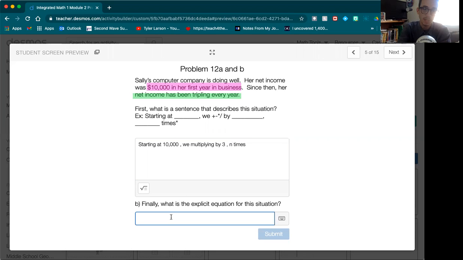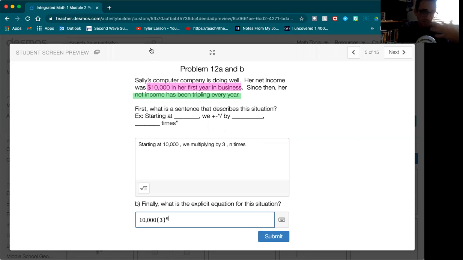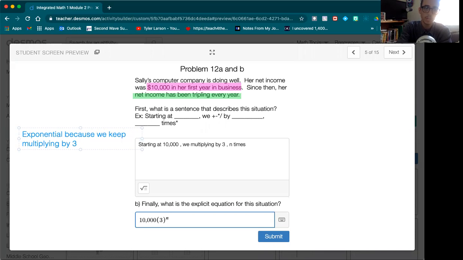Okay. So let's make that equation. So starting with 10,000, I'm multiplying with 3 n times. Hopefully we can agree that this is exponential because it's multiplying over and over. Maybe I'll make a note of that right here. So this is definitely exponential because we keep multiplying by 3.